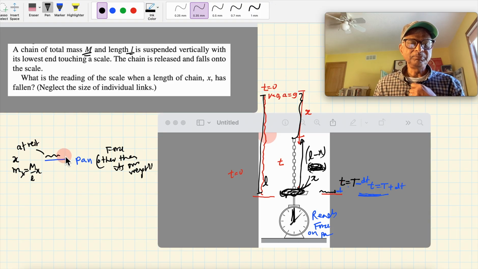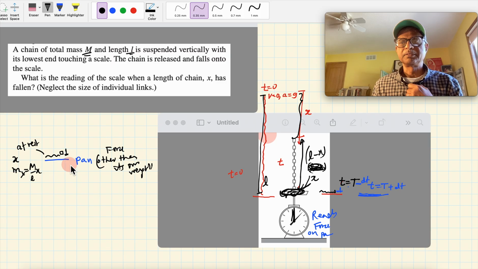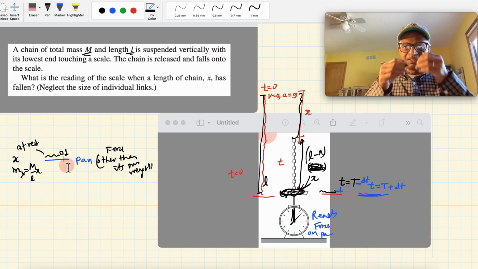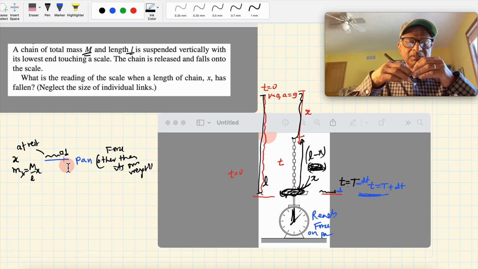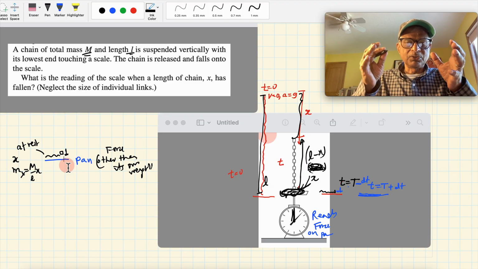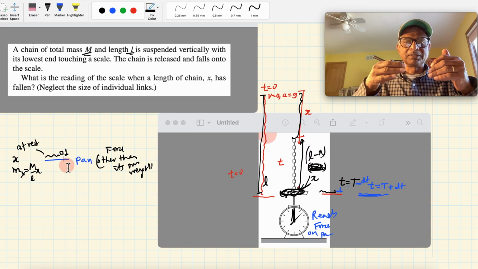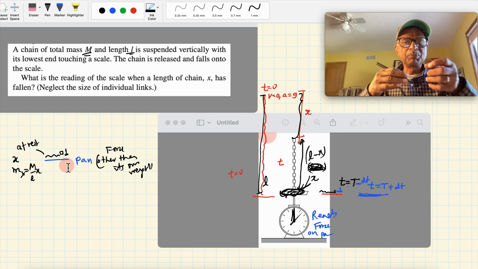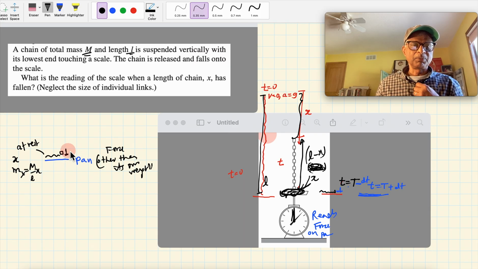And then these links are going to hit it. And so they're going to bring the momentum, and we'll say the momentum is going to come to 0 after it hits it. Okay, so they're going to transfer the momentum to the pan. So the question is, what is the dp dt?